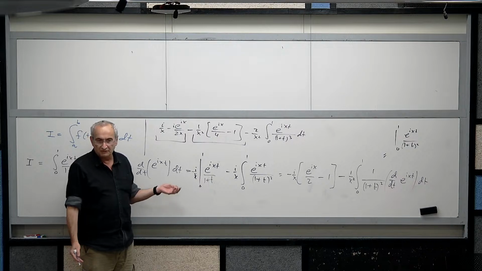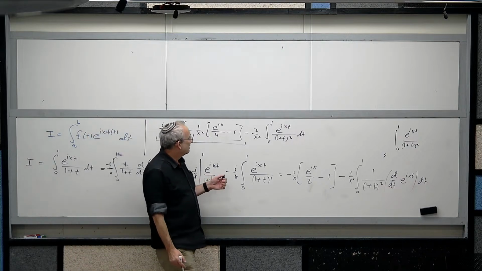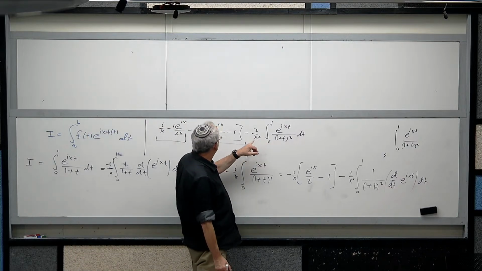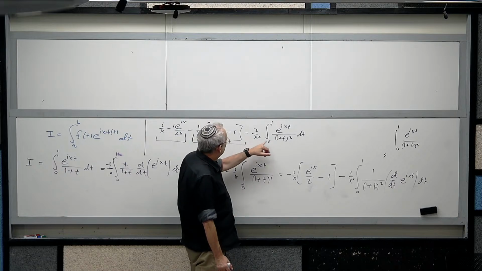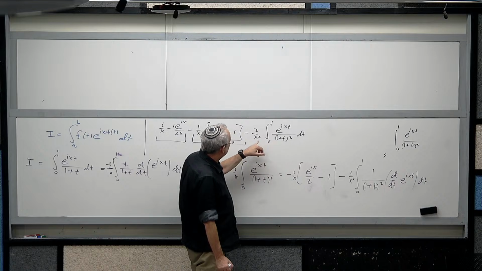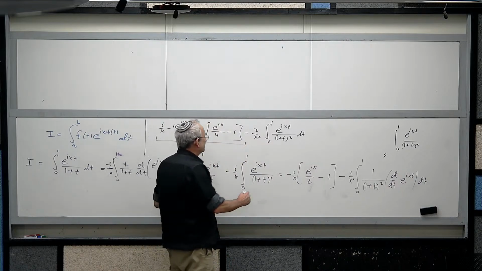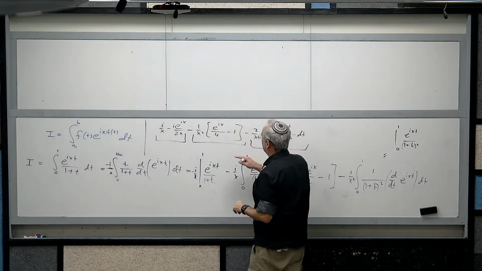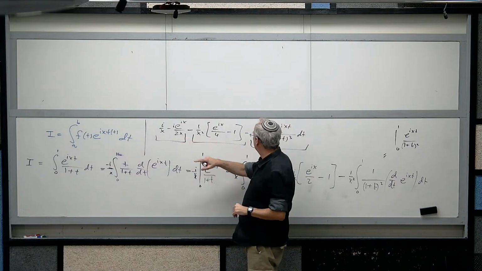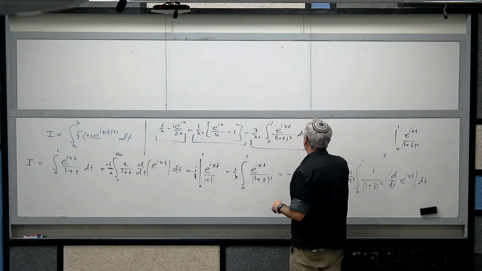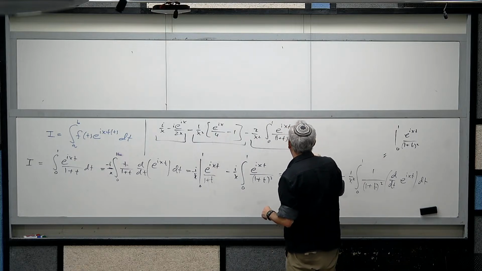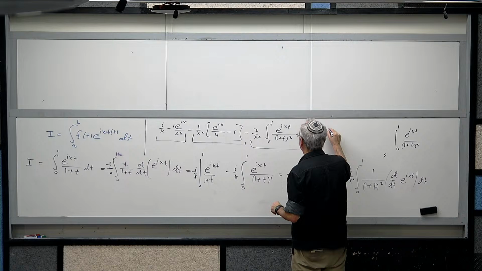And then we have something like that. In any case, this term cannot be larger than 1 over x, right? Because I can write it as 2 over x squared.